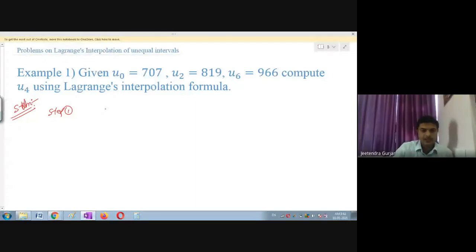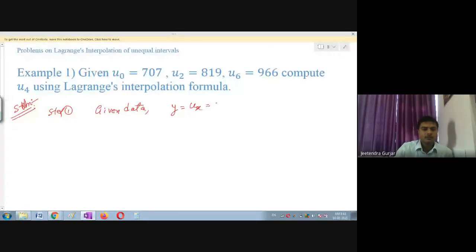Please write down the given data like this, students. I will take the function y is equal to u naught, which they have given. This is actually u of x, already told you this is f of x only, so don't get confused.